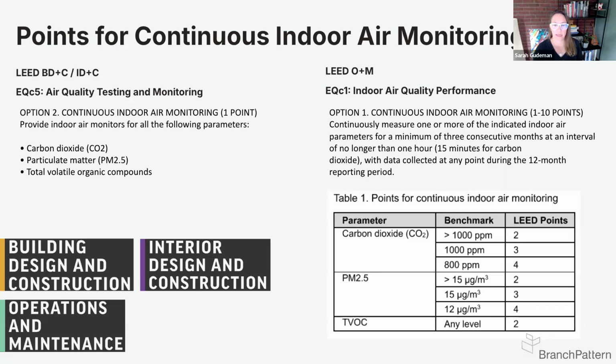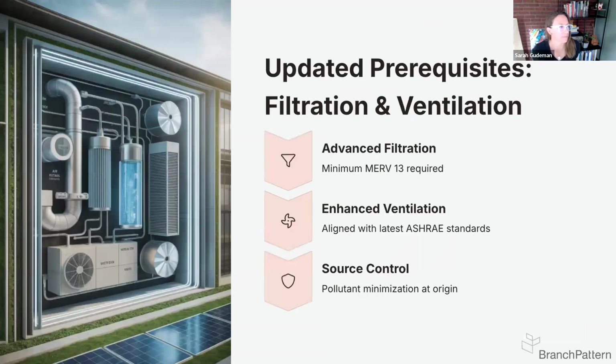All right, next slide here. I mentioned, and I love this graphic, I like to play with weird AI graphics sometimes, that there are updated prerequisites too in these rating systems, specifically focused on filtration and ventilation. And one of the biggest things here is this MERV 13 filtration requirement.